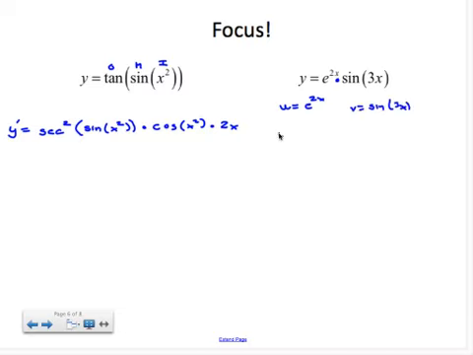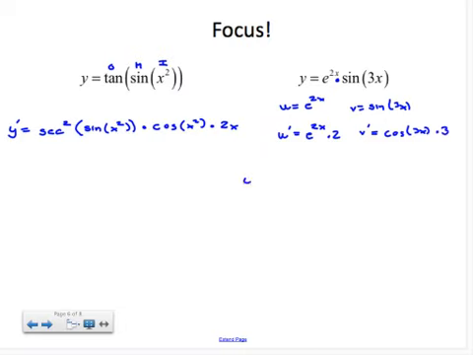So my u prime function is going to be e to the 2x times the derivative of 2x, which is 2. And my v prime function is going to be the derivative of sine, so cosine, of 3x times the derivative of 3x, which is 3.